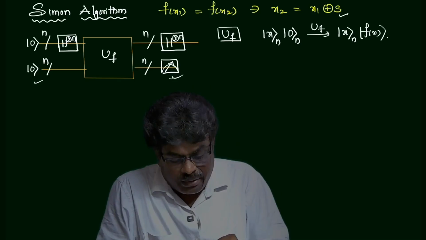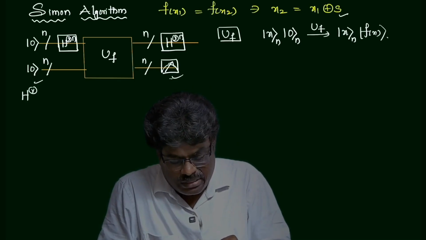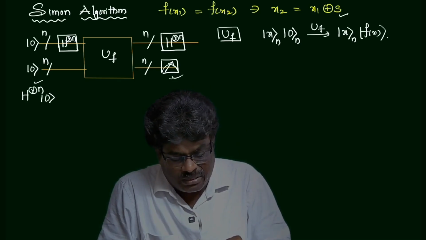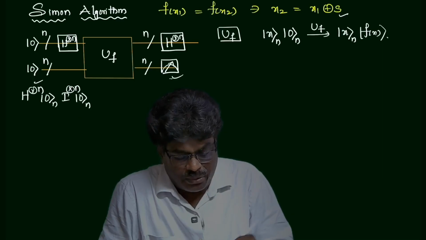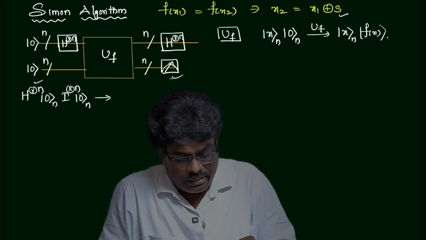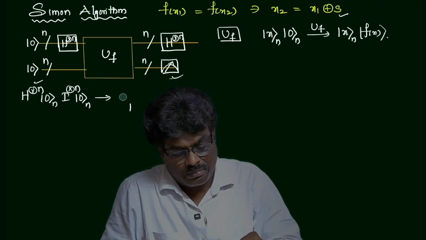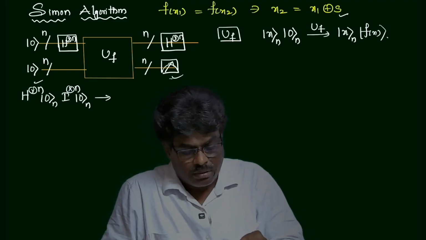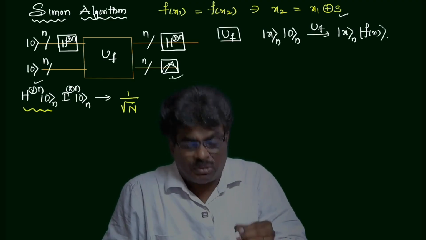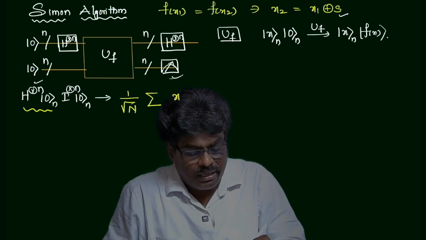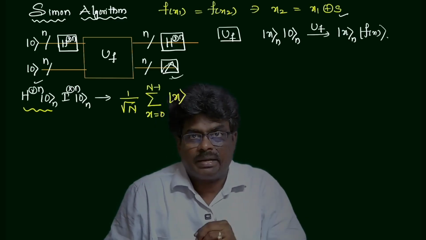Now here we have H tensor n operating on this 0 n, and here nothing is there, meaning identity. Again here also we have 0 n. This is nothing but 1 over root n. The first register creates a superposition, that is a summation over x, x equal to 0 to n minus 1.